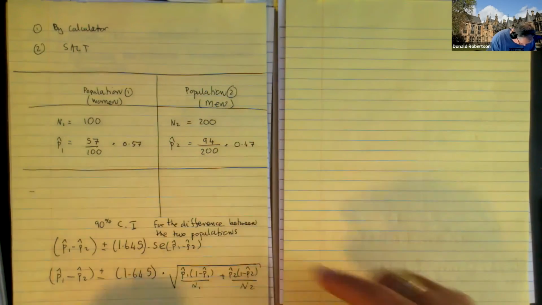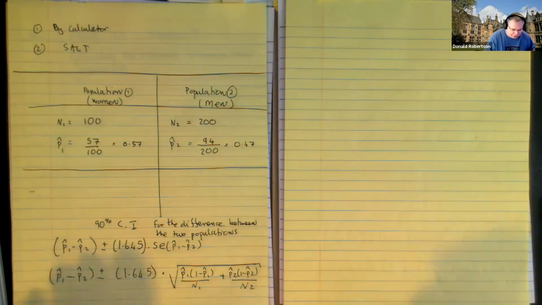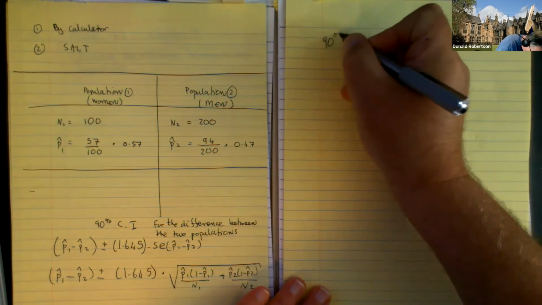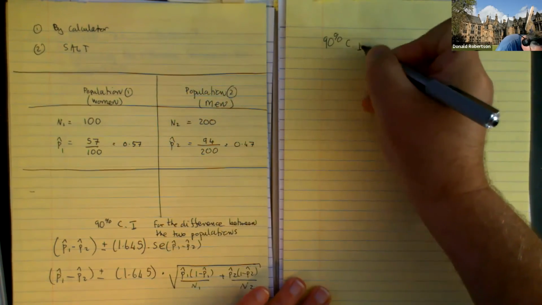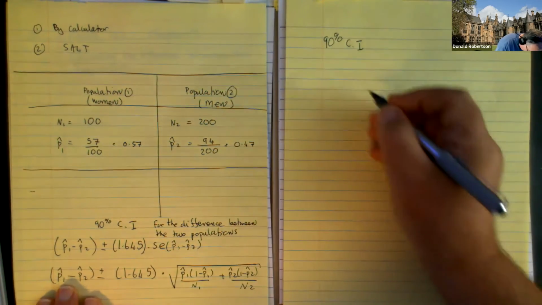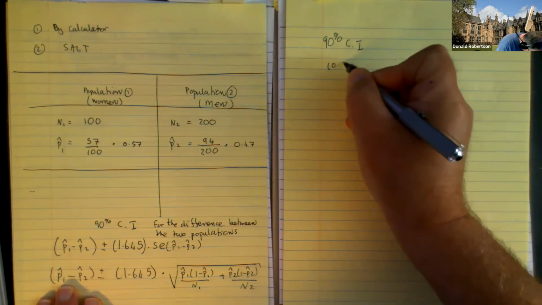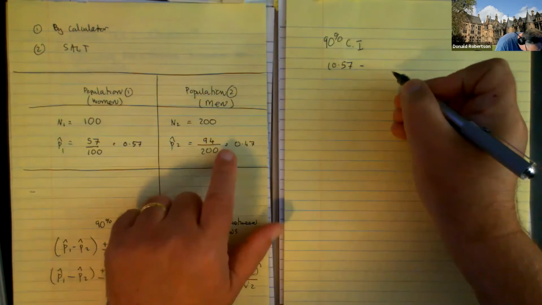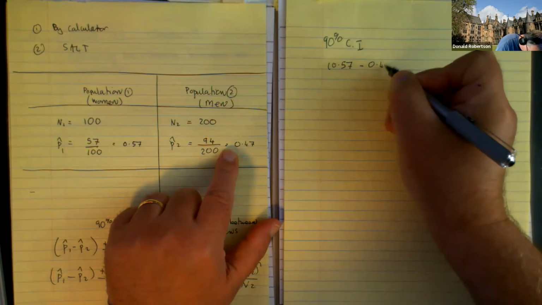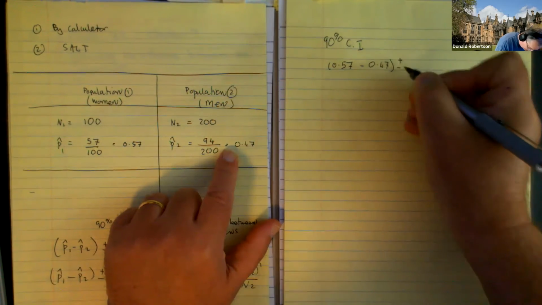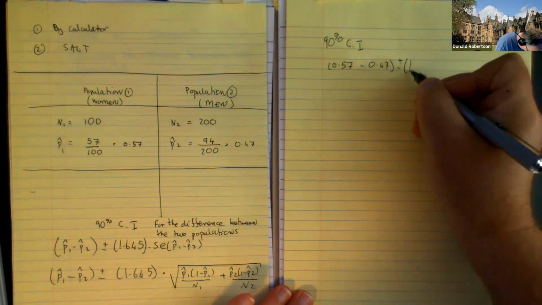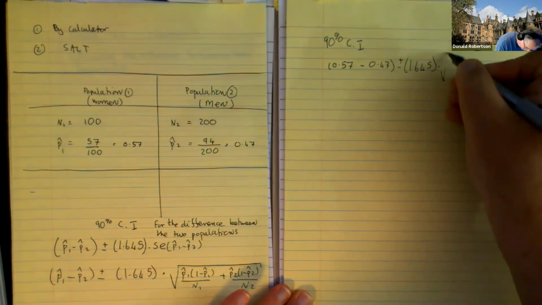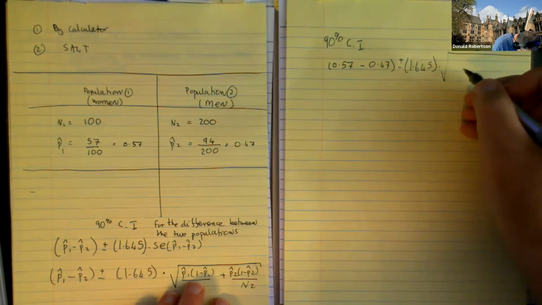So since this is going to be the only one that we are going to be doing numerically, using the calculator, let's continue onwards. Then it's going to be P1 hat, which is 0.57, take away P2 hat, which is 0.47, plus or minus 1.645 times the square root of, yikes, here we go.